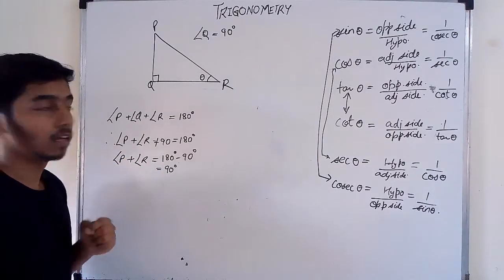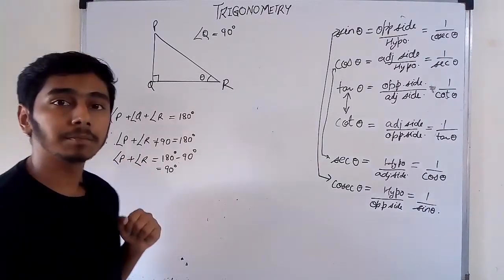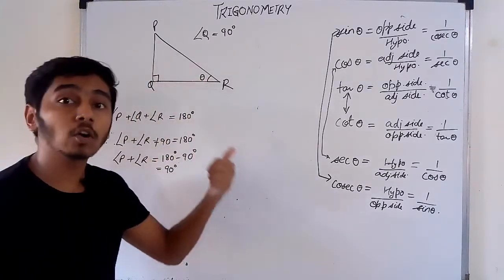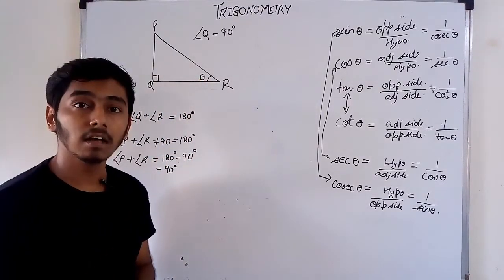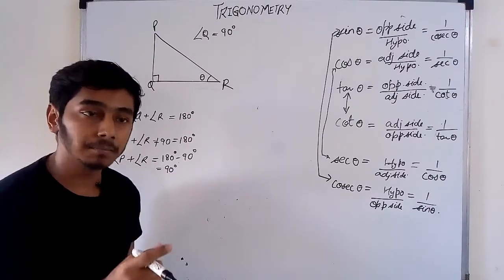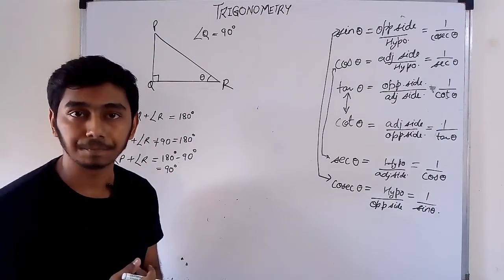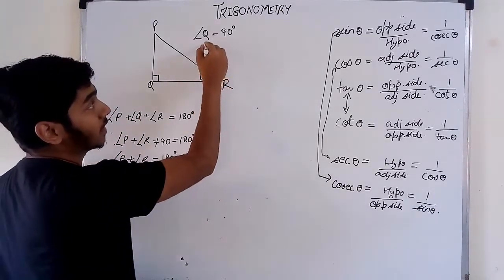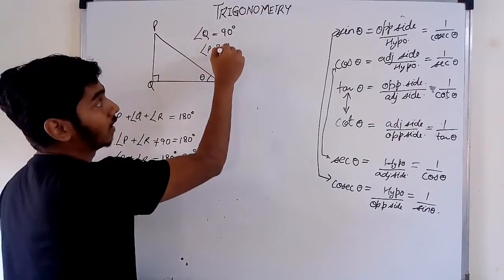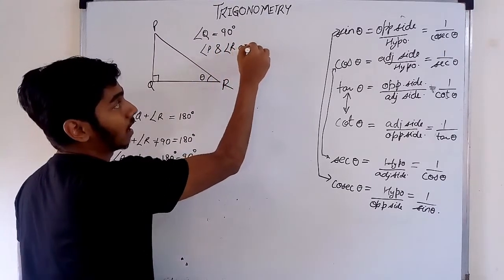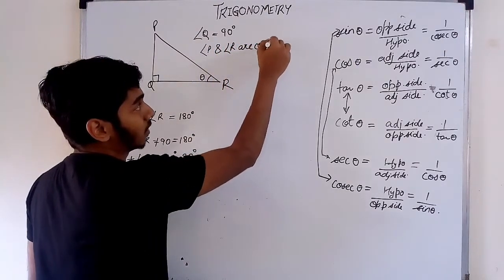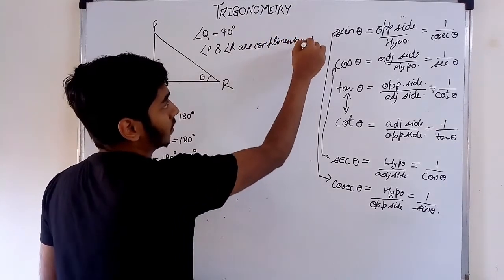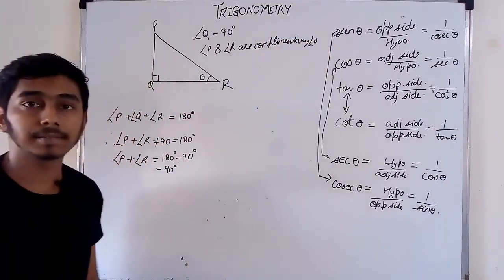When you subtract, what do we understand from this now? This says that P plus R, they are complementary angles. Complementary means the sum of the angles is 90 degree. So here, the sum is 90 degree. That means we can say angle P and angle R are complementary angles.